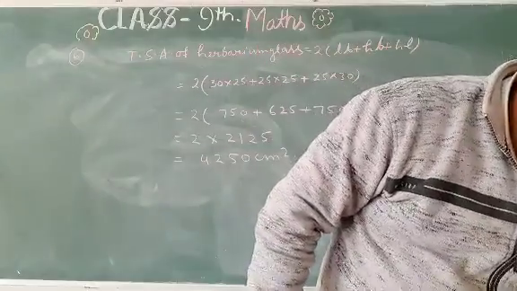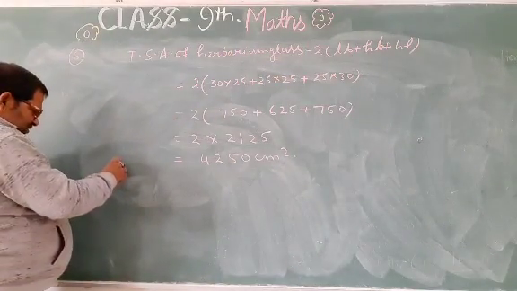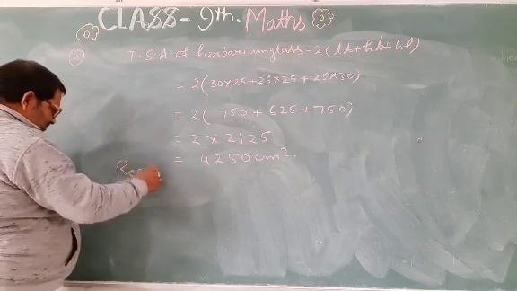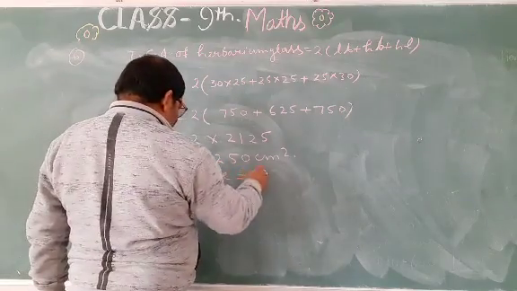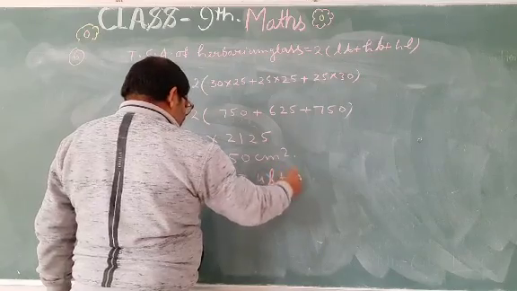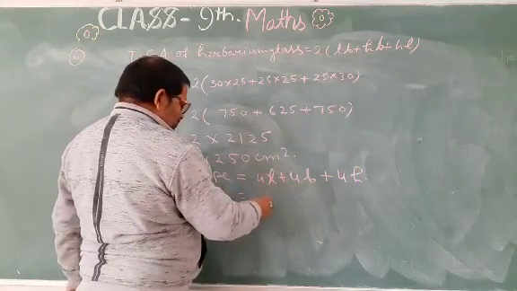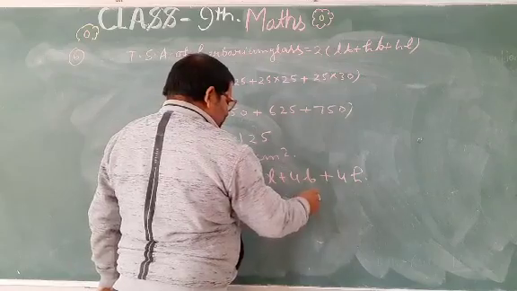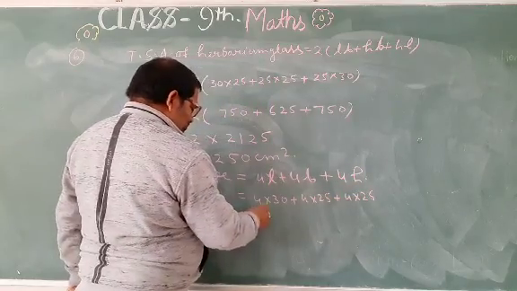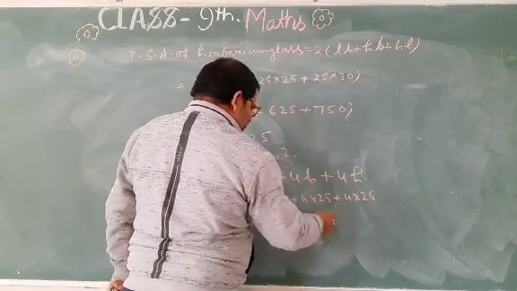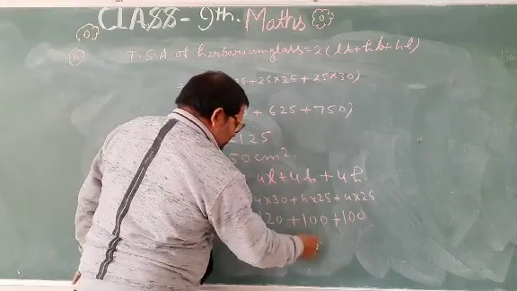And now the required tape equals 4L plus 4B plus 4H, that is 4 into 30 plus 4 into 25 plus 4 into 25, equal to 120 plus 100 plus 100, equal to 320 centimeter.